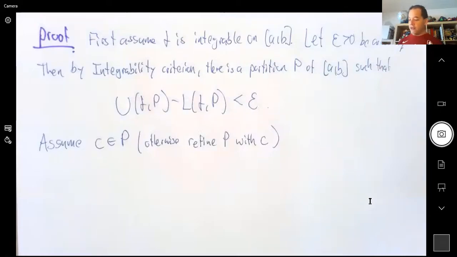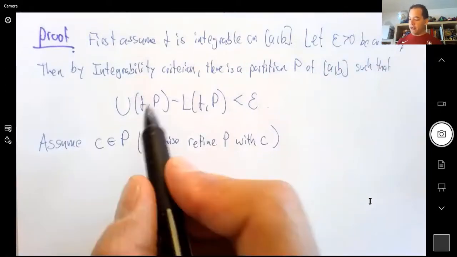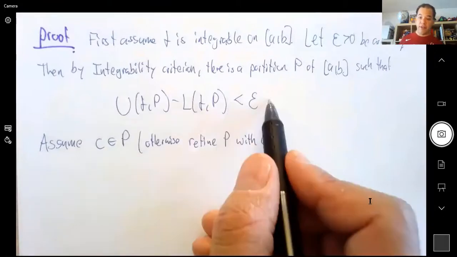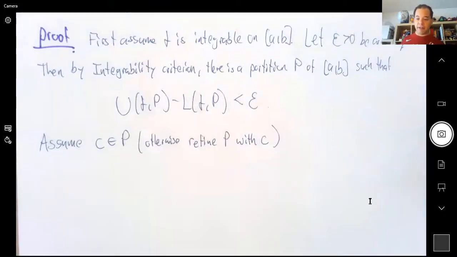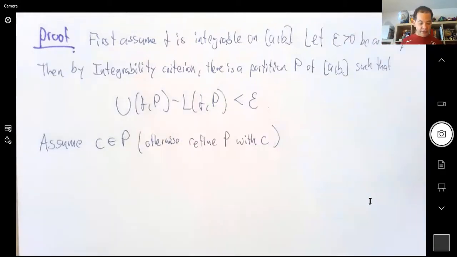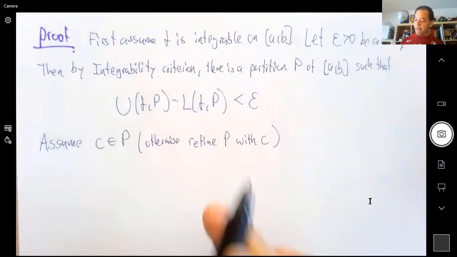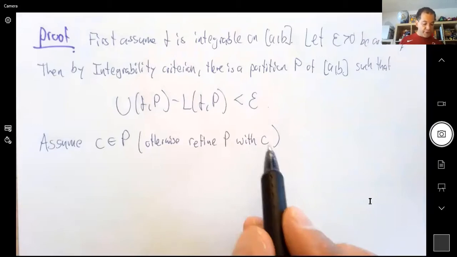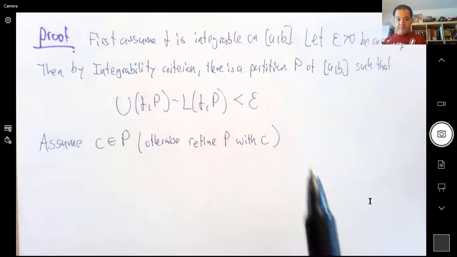When you put it in, you make the lower sum even bigger and the upper sum even smaller. So the difference will be even better than epsilon, right? Whenever you refine, you make this always better. That's what we learned yesterday as well. So by possibly adding C, we make it even better. We don't alter anything.